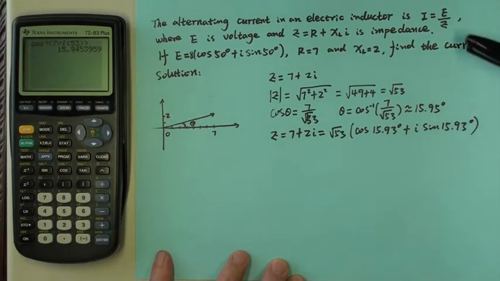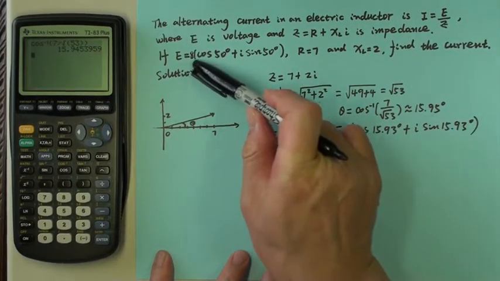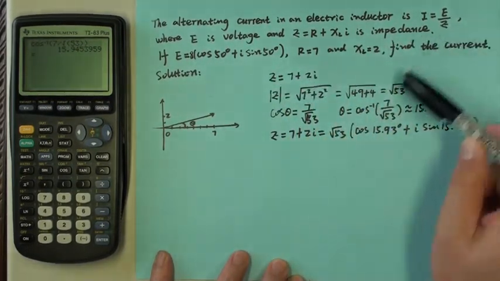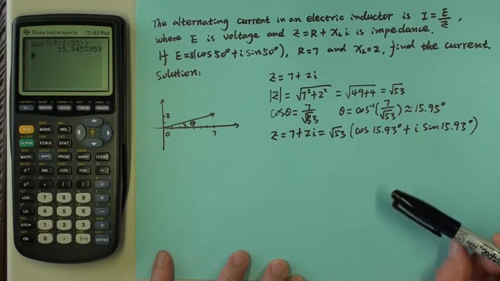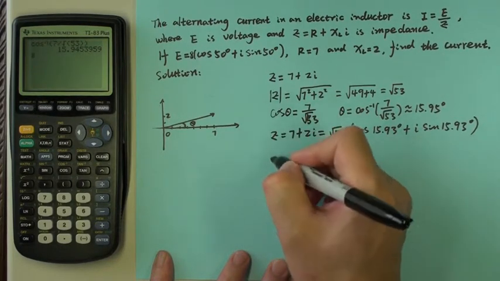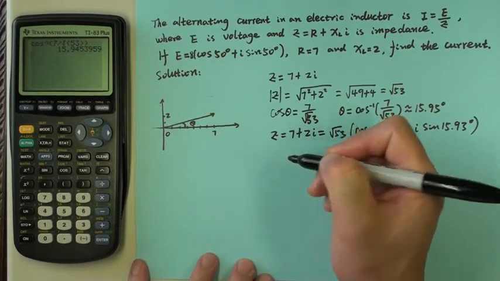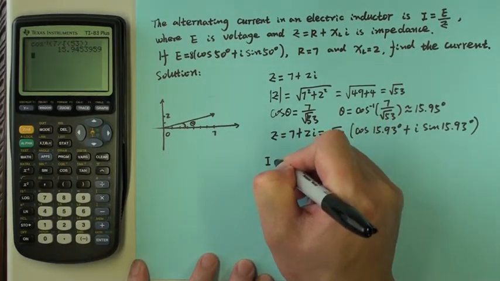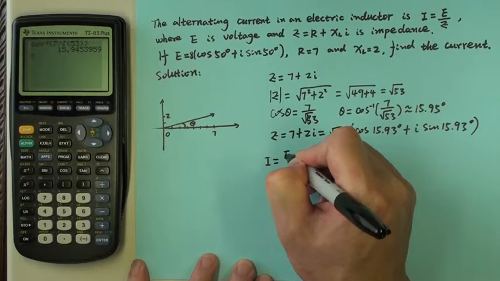Now we are ready to do E divided by Z, because E is in trigonometric form and Z is also in trigonometric form. So then we can find out I. Let me put it right here: I equals E over Z.